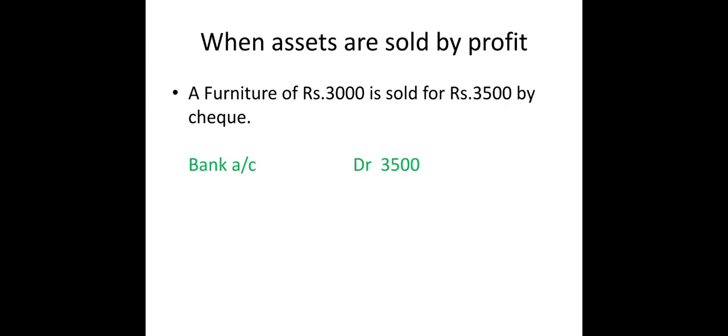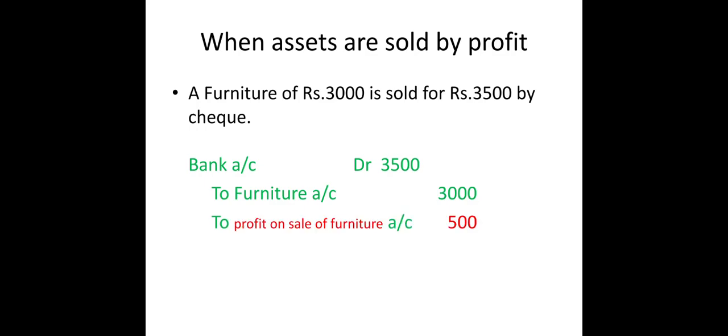Yes, we are giving furniture, so furniture goes out, so furniture account will be credited. So to furniture account 3000, and there is a difference of 500 student, and that is nothing but profit. There is a profit of 500. So we will write to profit on sale of furniture account 500.